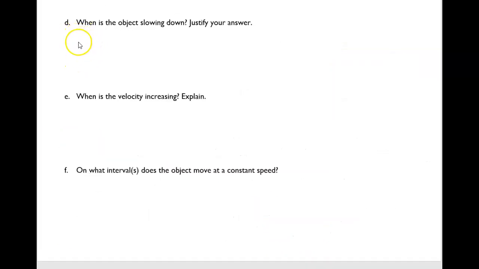D asks, when is the object slowing down? This is kind of the opposite of what we talked about in B. So I'd be looking for my velocity to be positive and decreasing, or negative and increasing. We already kind of talked about that.